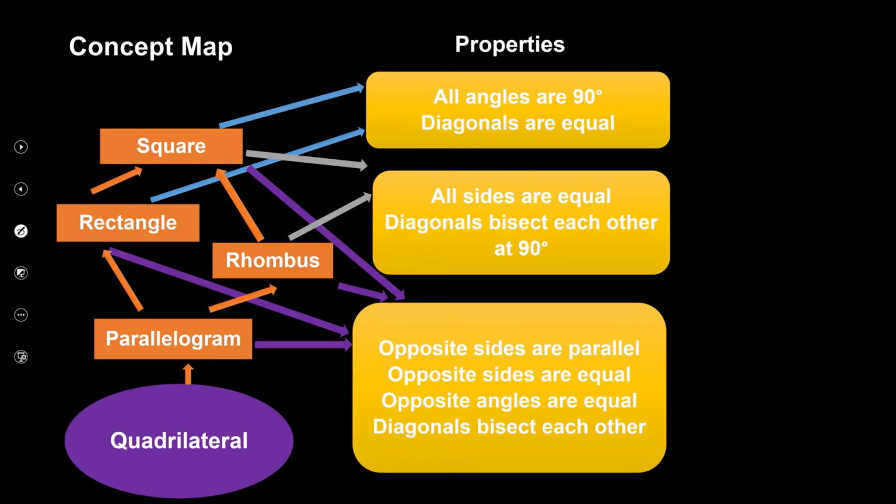So what we're going to be looking at will be quadrilaterals. You know, it's a shape with four sides. We're going to look at a parallelogram, a rectangle, a rhombus, and a square. And at a later stage, you'll understand why all these arrows are there and what they really mean. But for now, let's look at the types of quadrilaterals.